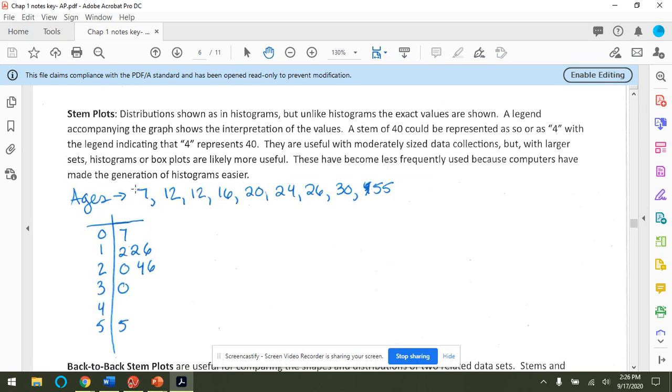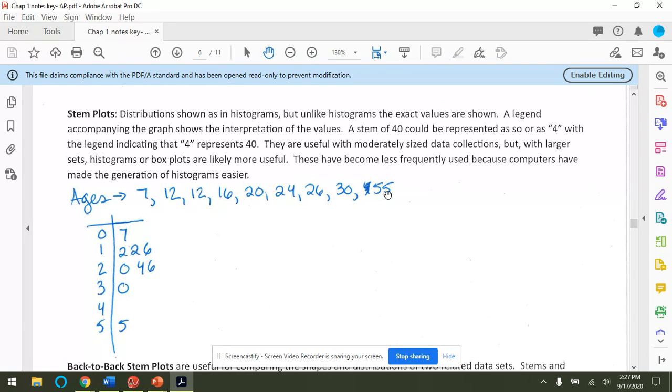So the number 7 is really 0, 7. So you have 07. There are two 12s, so you're going to put 12, 12. 16 is 1, 6. The number 20 is 2, 0. 24, 26. We have 30. There are no 40s in this data set, but I need to include the number 4 because you need to have them all there.